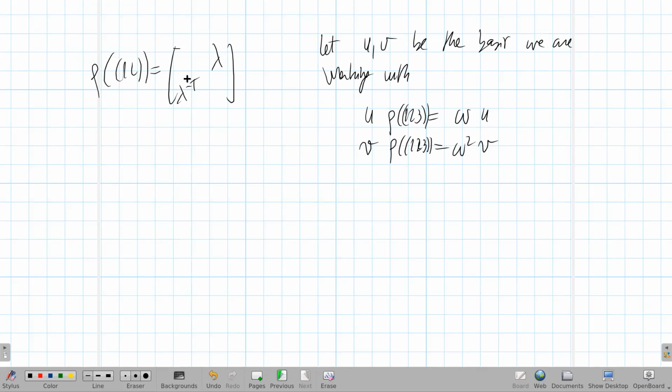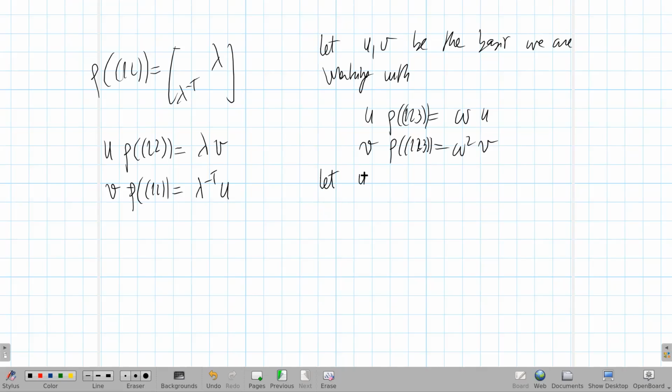And here I write the vector on the left and the operator on the right. So we have that u rho(1 2) is lambda v, and v rho(1 2) is lambda inverse u. Exchange. But now define another basis, change the basis.